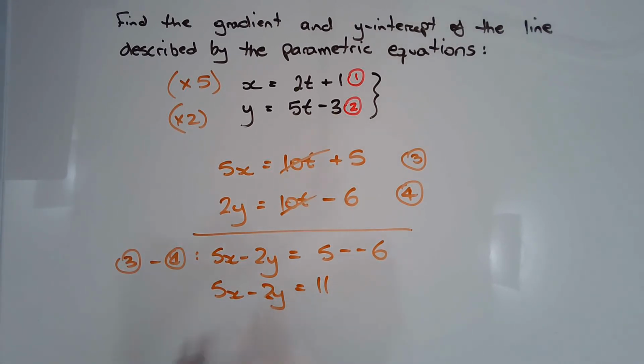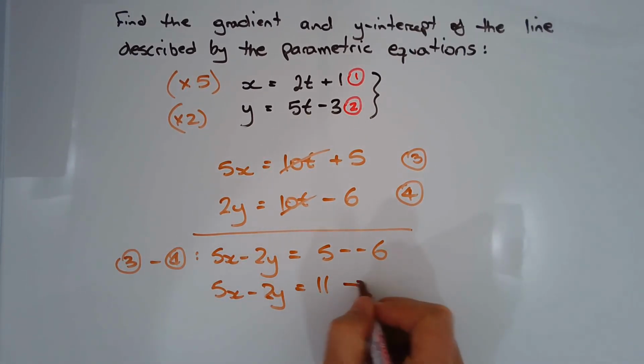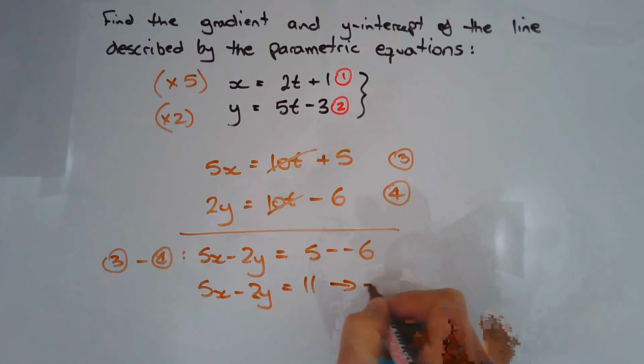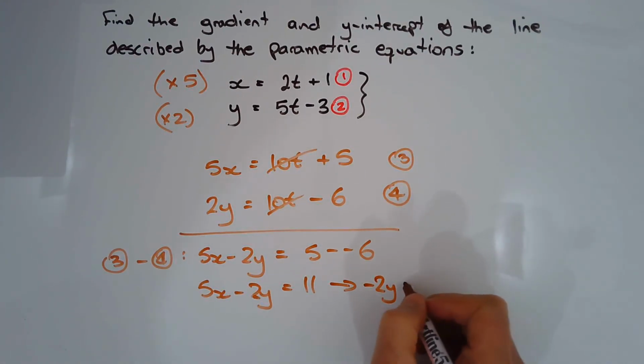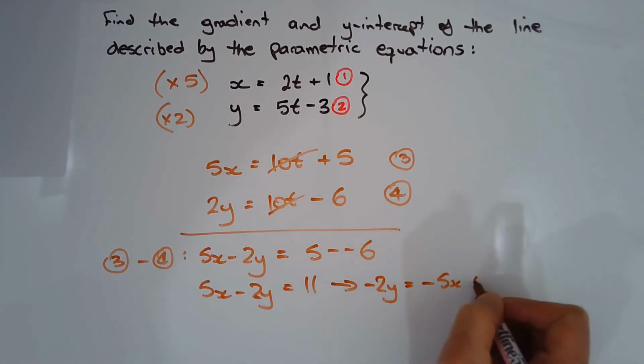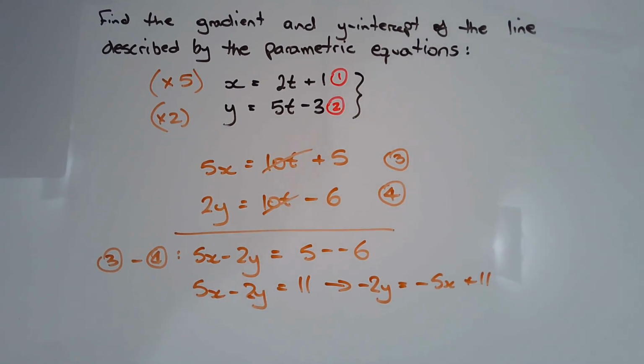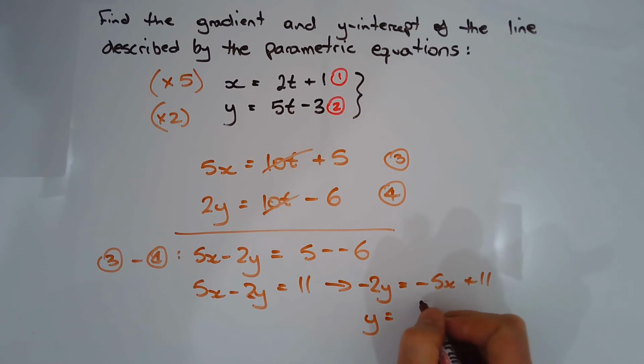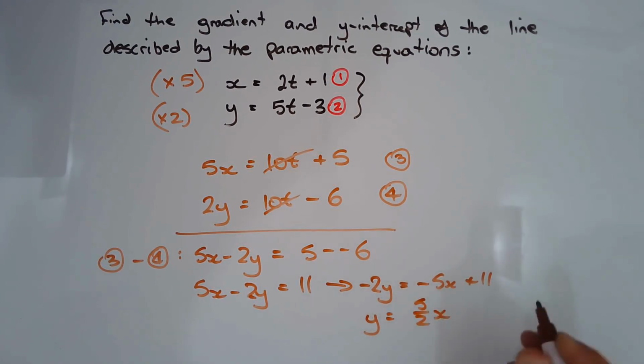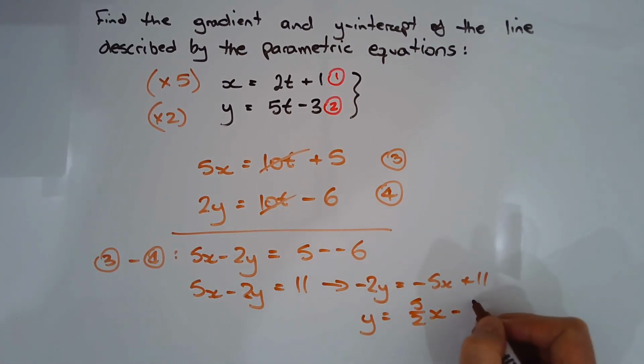Okay, if you want to make y the subject of the formula, we just move everything over the other side. So I'll just do it in a couple of steps. So negative 2y is equal to negative 5x plus 11. And dividing everything by negative 2, we have y is equal to 5 over 2 x minus 11 on 2.